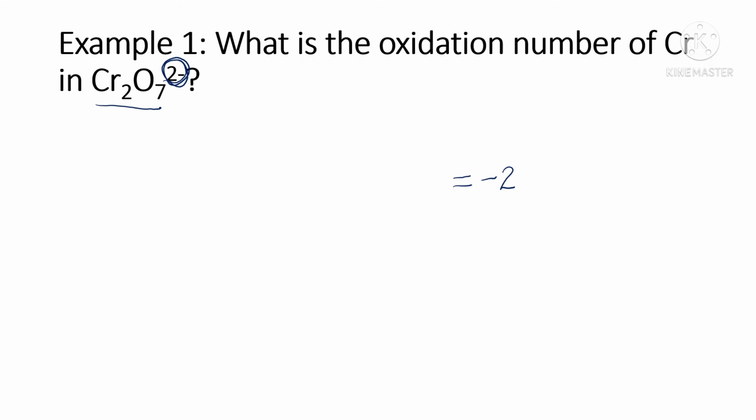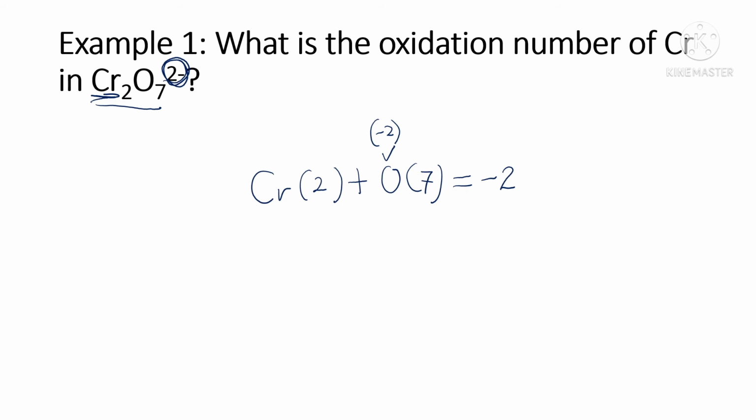And what are the elements forming this ion? So 2 chromium atoms plus 7 oxygen. And we know that for oxygen, the oxidation number is equal to -2.